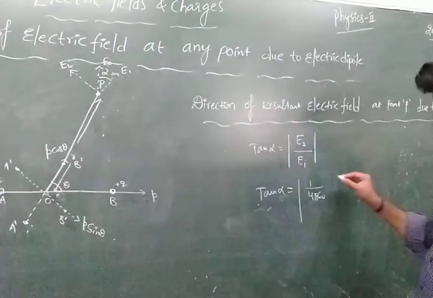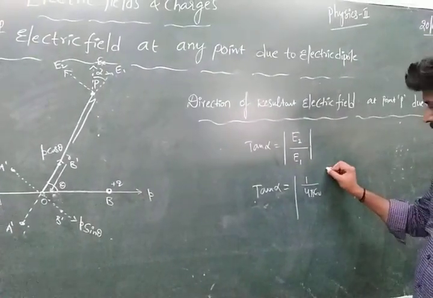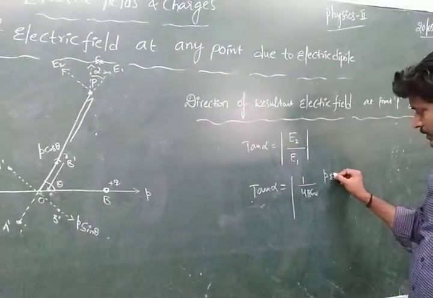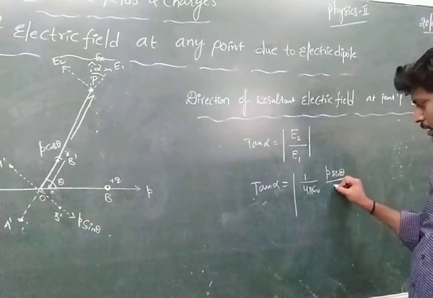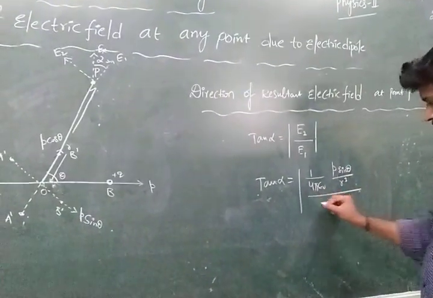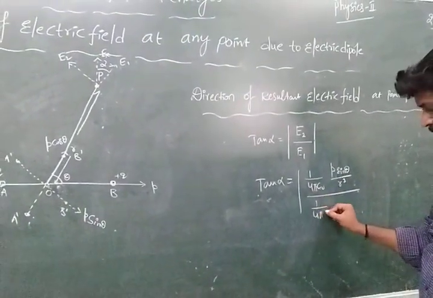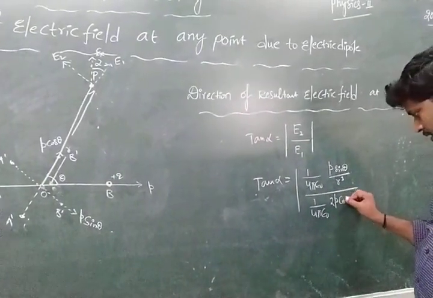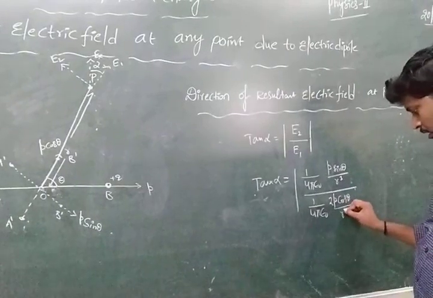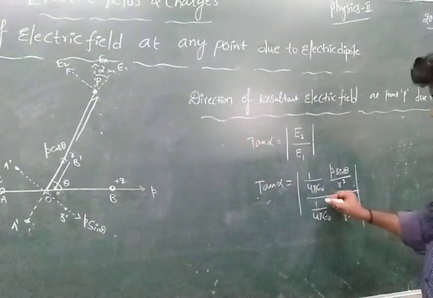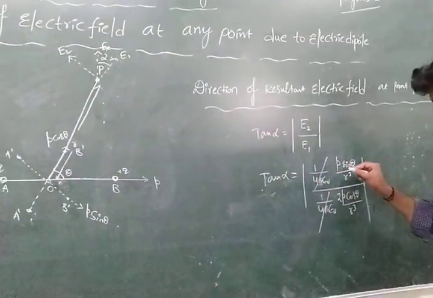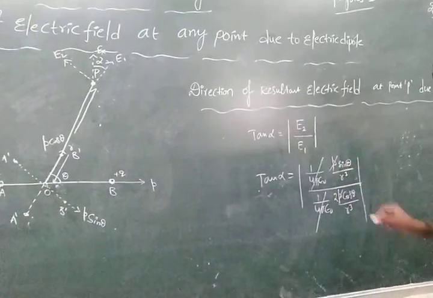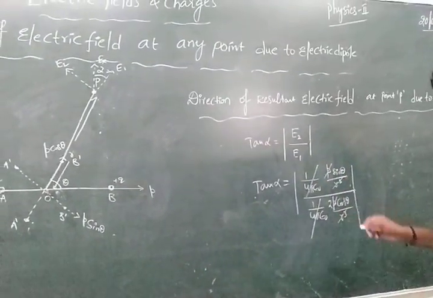We have already measured that. P sin theta divided by r cube, by 1 by 4 pi epsilon naught, 2P cos theta divided by r cube. Here 1 by 4 pi epsilon naught gets cancelled, P also gets cancelled, r cube also gets cancelled.